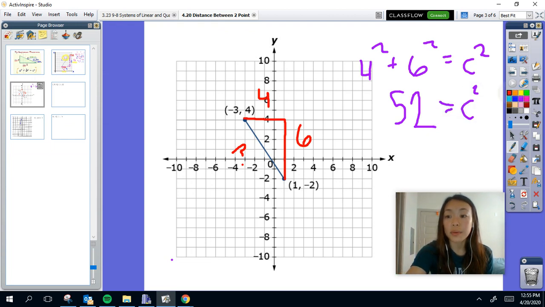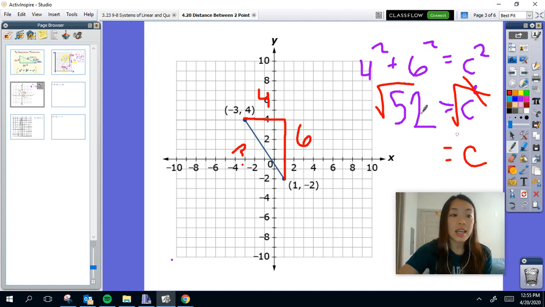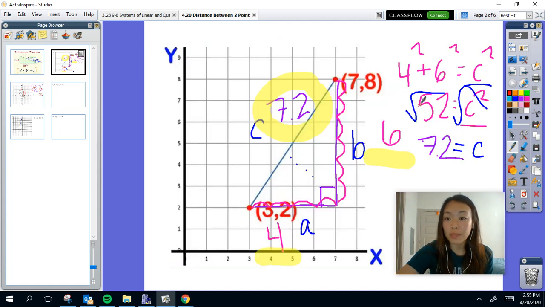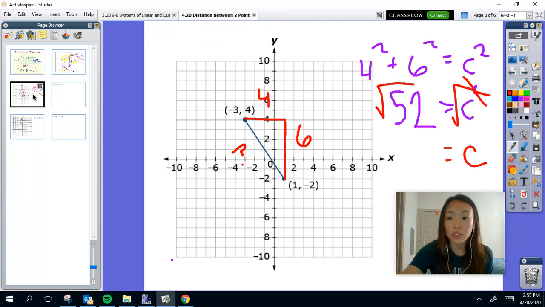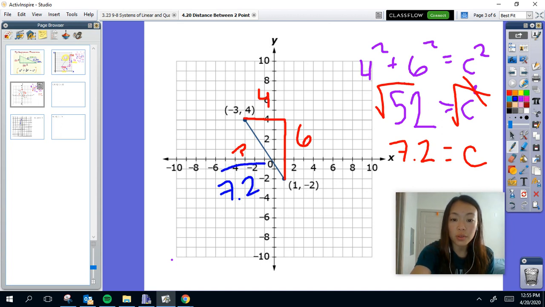I take the square root to get C by itself, these cancel, I have C, and we can just use the slide from last time. The square root of 52 is 7.2. So coincidentally, this is also going to be 7.2 as your final answer.